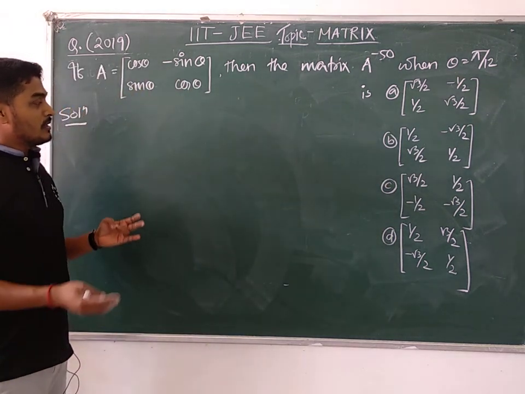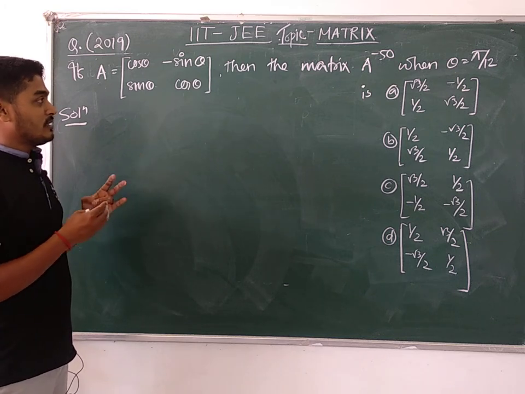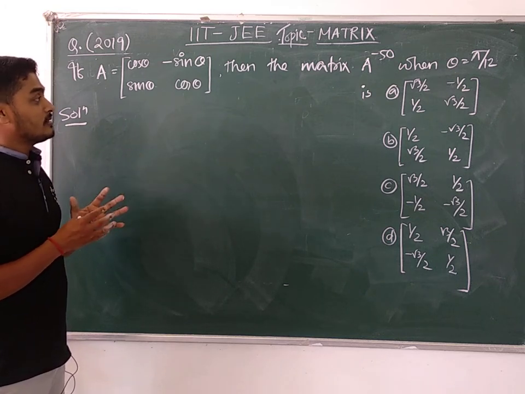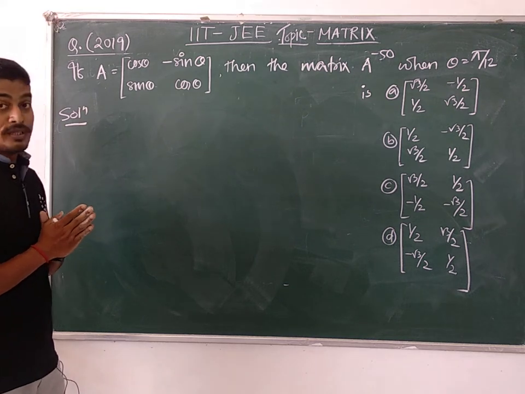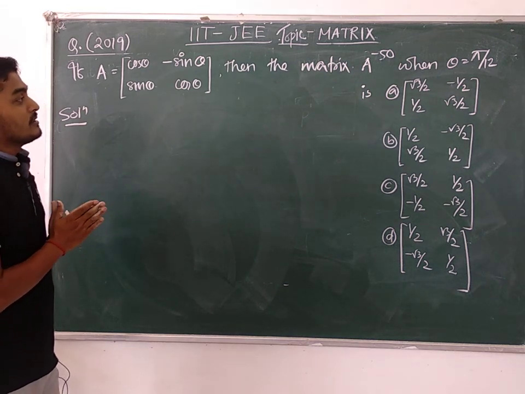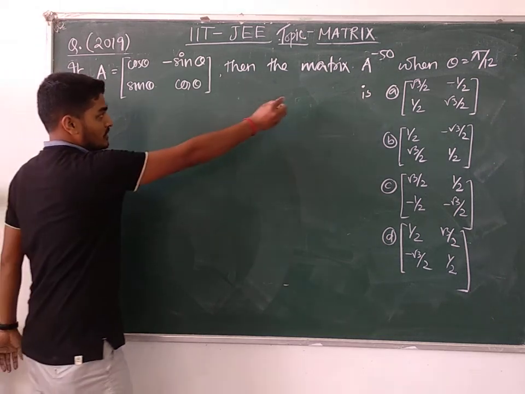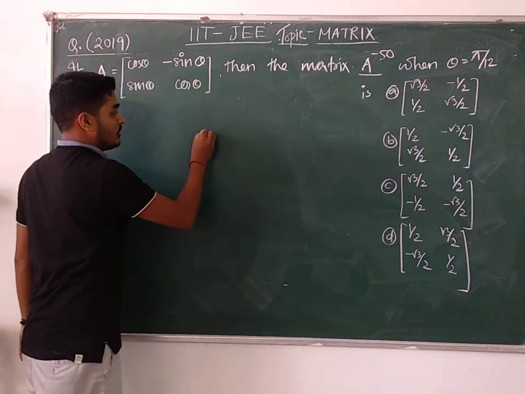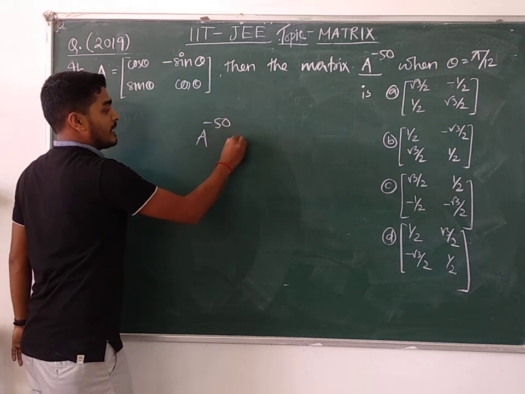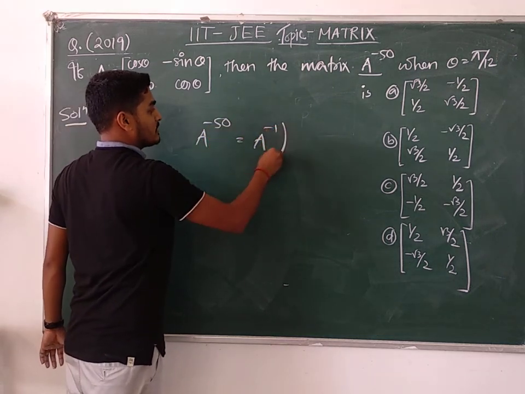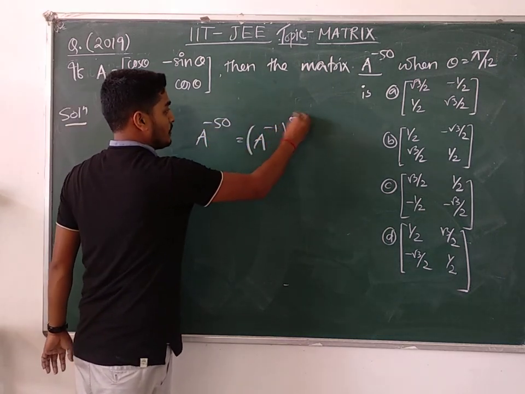So initially, if you observe carefully, then you will think that the difficulty level of the question is a little bit harder. Then what you will do, first think how can we proceed. From the given term that you have to find out, A to the power minus 50 can be written as A to the power minus 1, that means A inverse whole to the power 50.